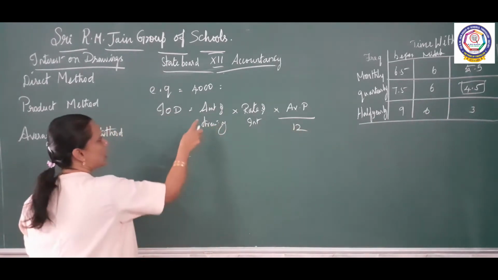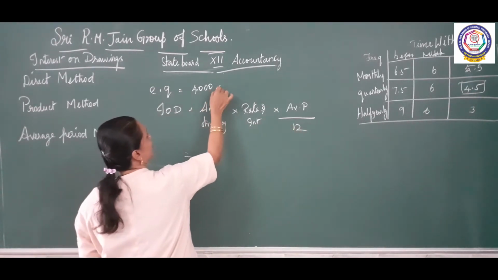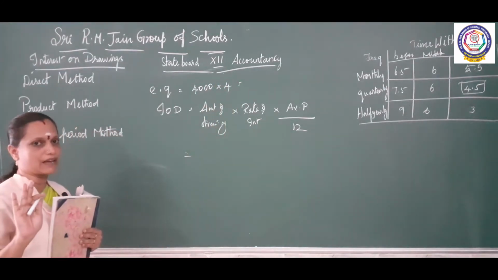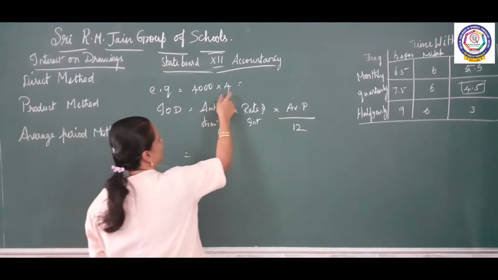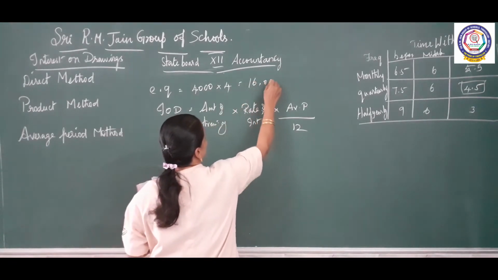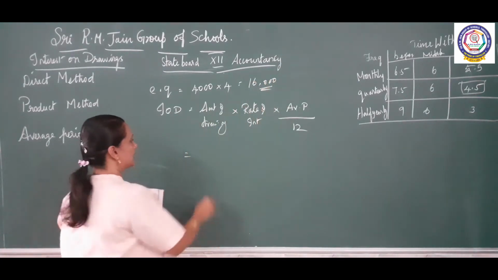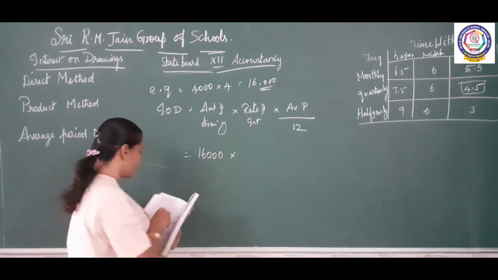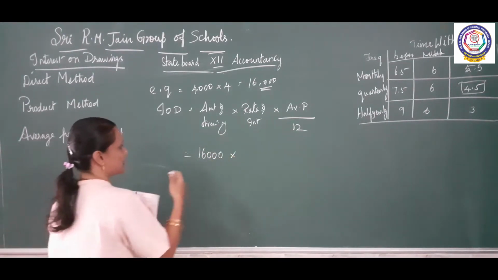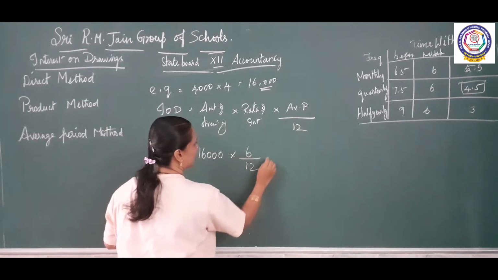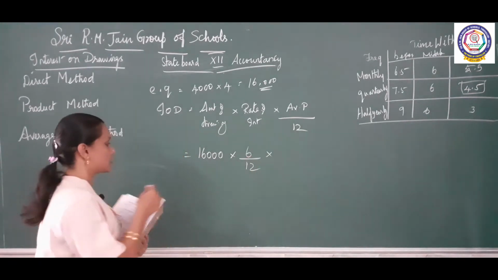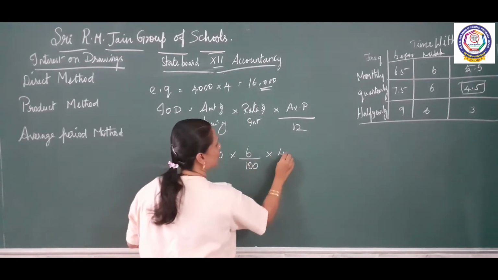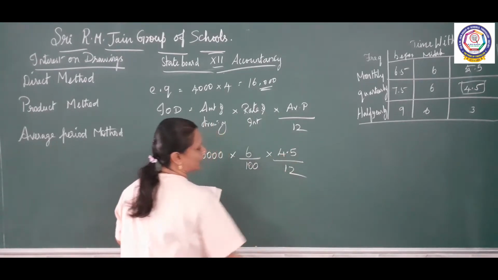We have four quarters, isn't it? So 4 into 4, 4 4s are 16, so 16,000 we got. So 16,000 amount of drawing into rate of interest, how much they have given? 6% per annum. 6 by 100 into average period 4.5 by 12.